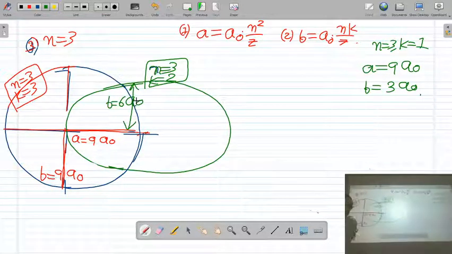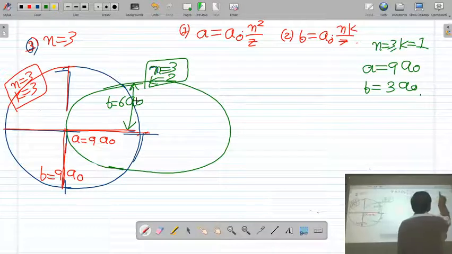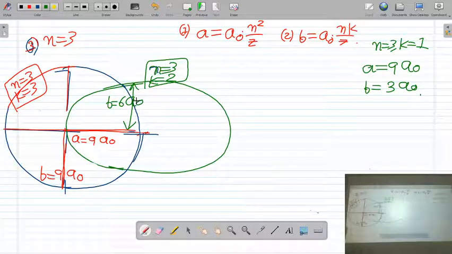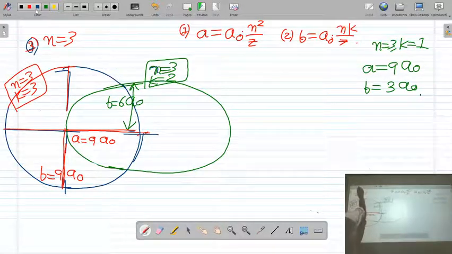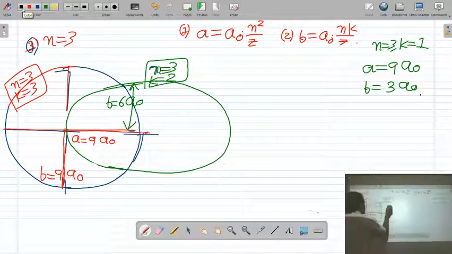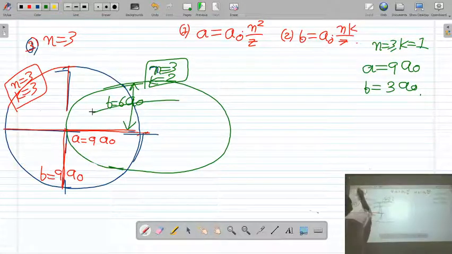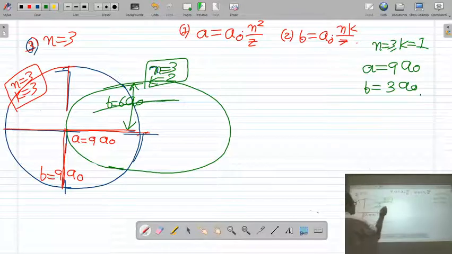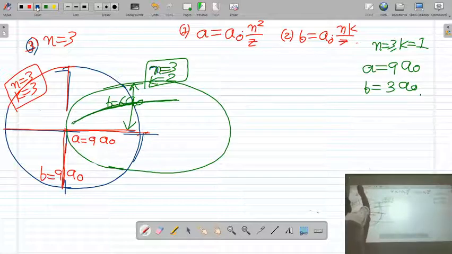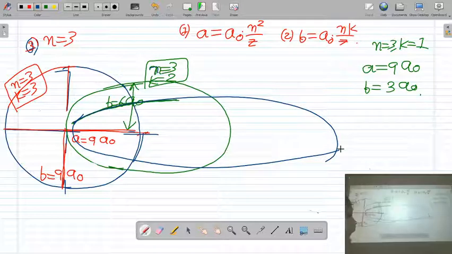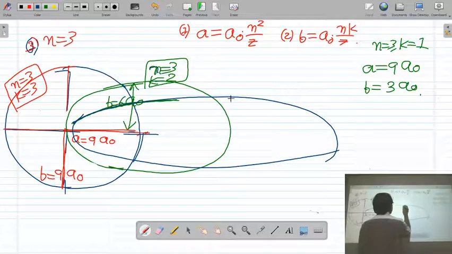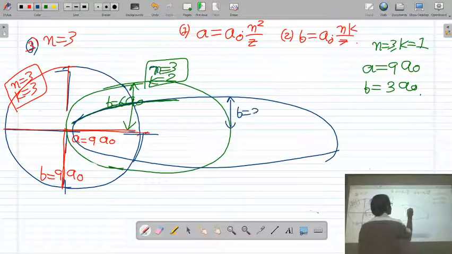And for the last case, n equal to 3 and k equal to 1, again we get an elliptical orbit, in which the length of the semi-major axis is 9A0, but the length of the semi-minor axis is 3A0.